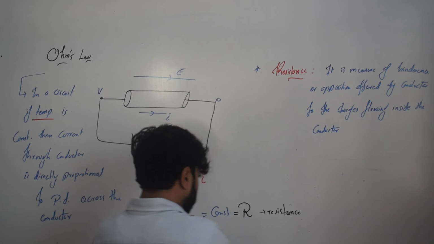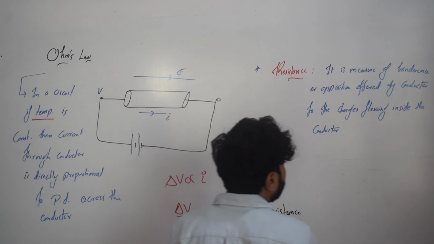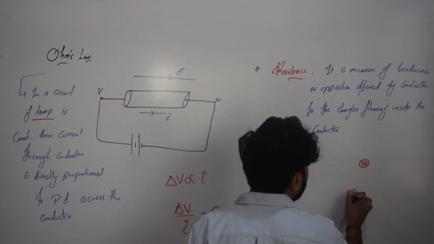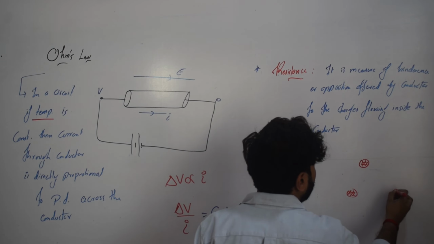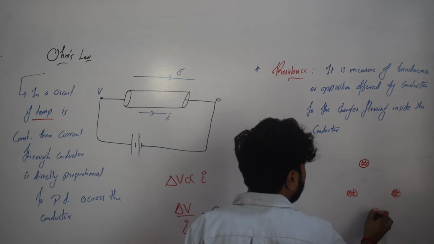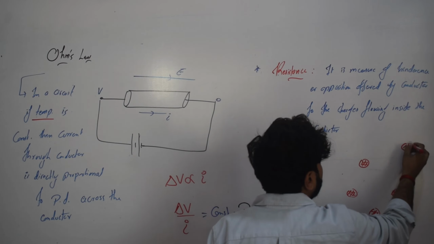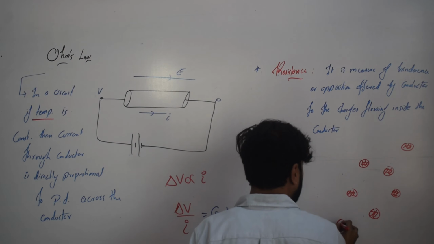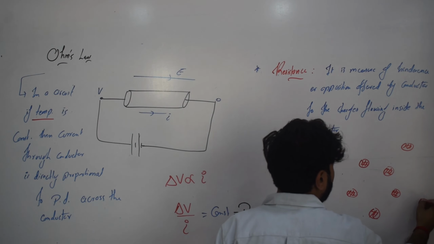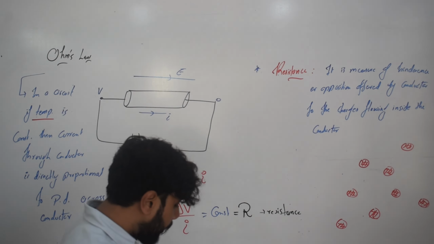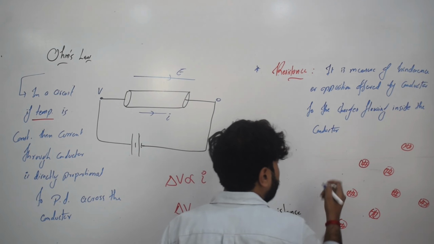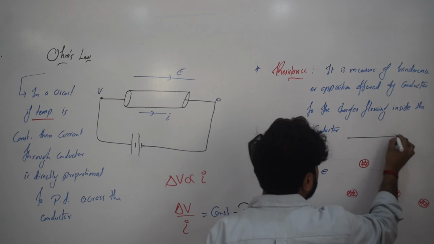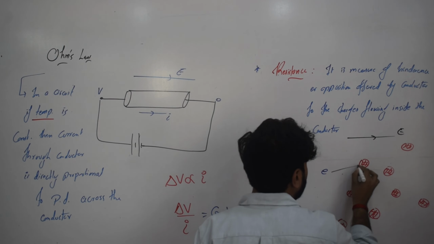If you remember, before Ohm's law, in the drift velocity concept we discussed that if current is flowing in any conductor, the electron is not moving in a simple straight line, it is moving randomly, and it is doing continuous collisions with kernels before it makes any significant displacement. For example, let's say here we have an electron and the electric field is in this direction due to the battery, so it will move like this.